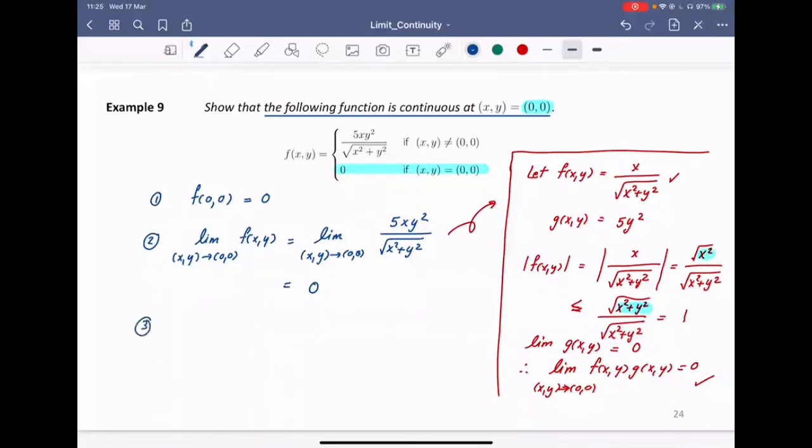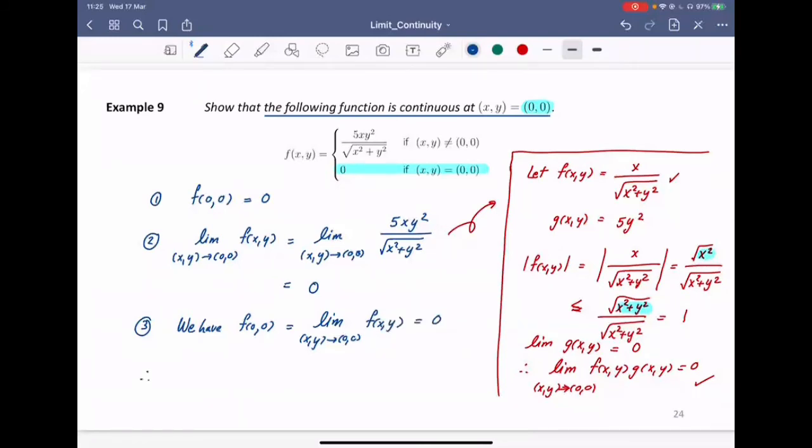And then number 3, because 1 and 2 are equal to each other, you can say just that: we have number 1, which is f(0, 0), equal to number 2, which is the limit as (x, y) goes to (0, 0) of f(x, y). They are equal to each other because they are all 0.